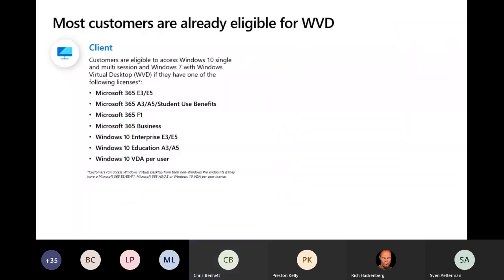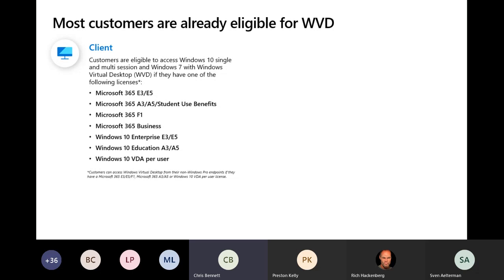So eligibility wise, Windows Virtual Desktop is likely something that you as an educational institution already own. We have the ability to get this tied into the licensing that's out there for your existing Windows and Microsoft 365 licensing. Those are all eligible. They include the CAL, they include the full access for the published applications.